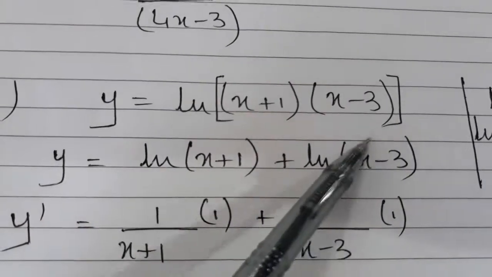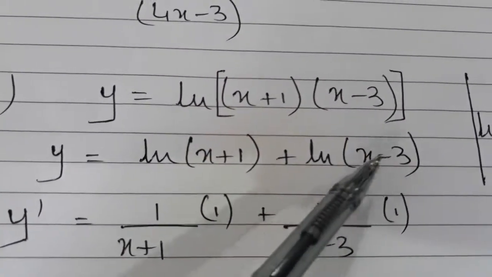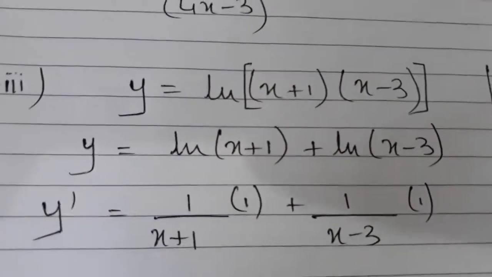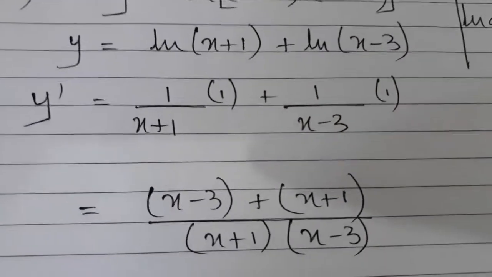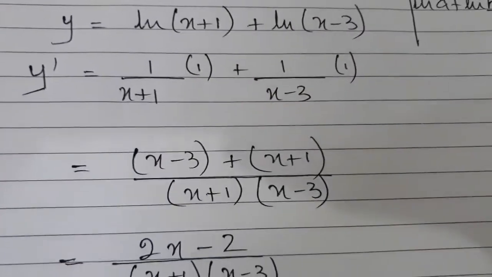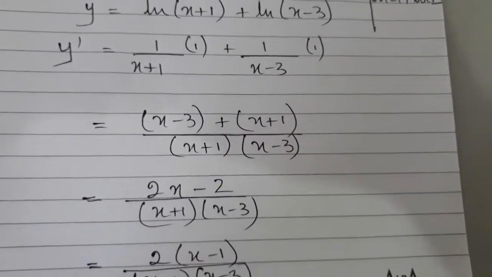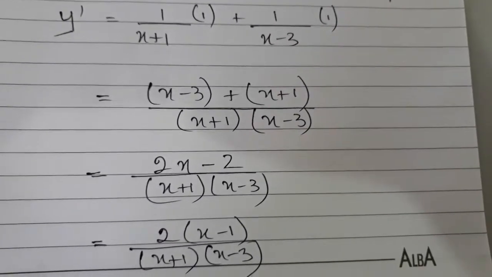And in this case 1 over this, multiply by the differentiation of this, 1 minus 0, so I have written 1. After that I will simply apply algebraic fraction concept, taking LCM and simplifying it. I think you know this, how to do this, and then take common out. So you have your function here, gradient function.